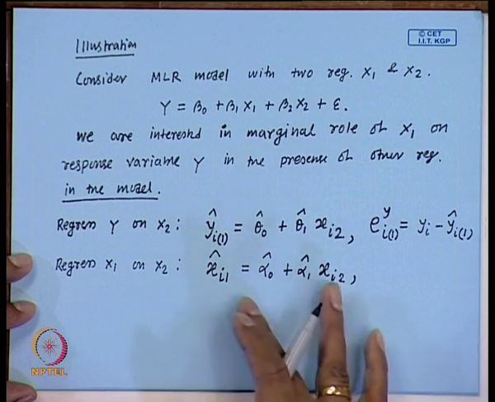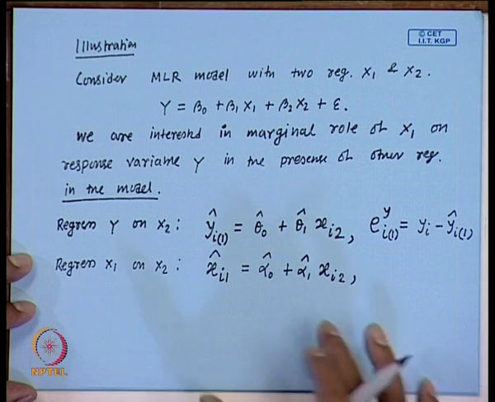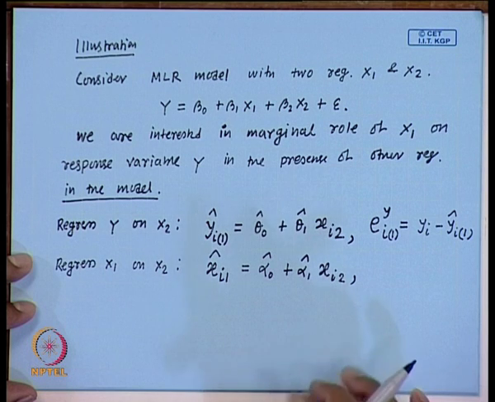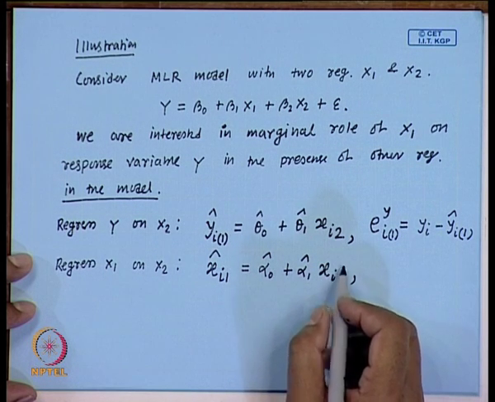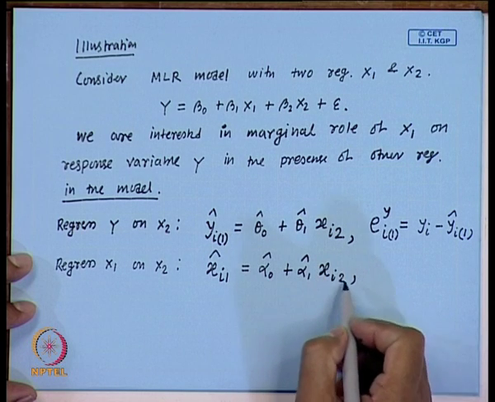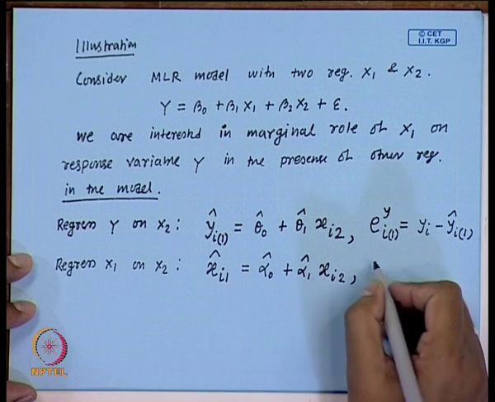Sometimes they are not completely independent, there might be a little bit of dependence between them. So, we just want to eliminate the effect or the contribution of the other regressors on the regressor we are interested in.